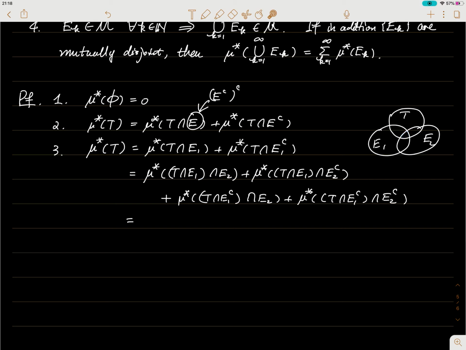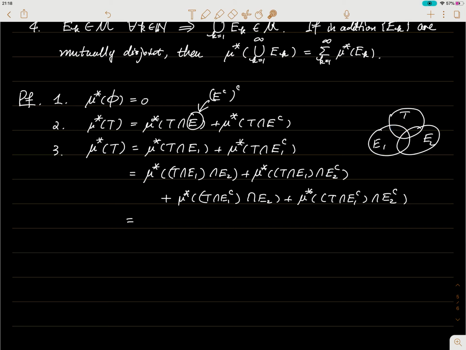And the intersection of T and E1 will be here. Take the E2 part out. The intersection of these two is like the difference of this and this, right? It's just this side minus this E2. So that's actually just this part.